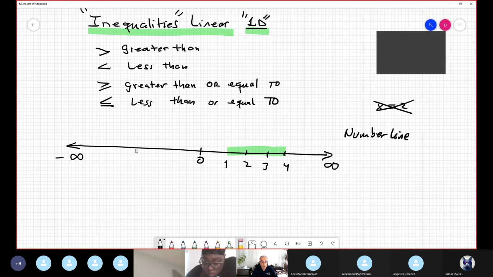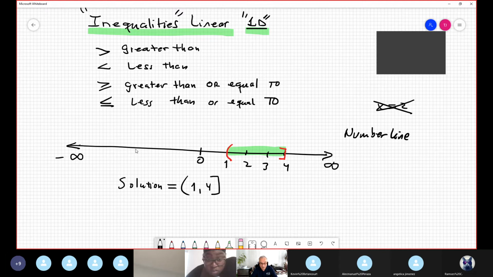But sometimes the endpoint is included or not included. Suppose one possibility, just an example to understand the notation: 1 is not included, parentheses, and 4 is included, square bracket. So the solution of the hypothetical inequality is parenthesis 1, 4 bracket.